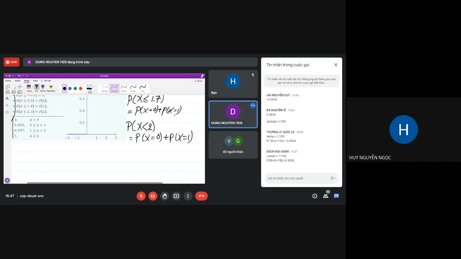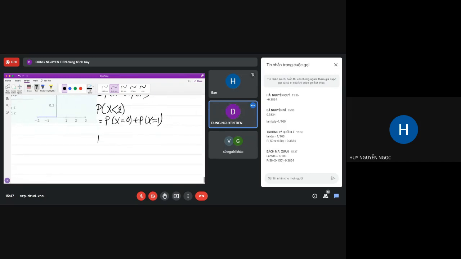How about the probability that x is less than or equal to 2? Then you get the probability that x equals 0 plus x is 1 plus x is 2. So if you compute the difference between them, the probability that x is less than or equal to 2 minus the probability that x is less than 2, then you come up with the probability that x equals 2. Do you understand?